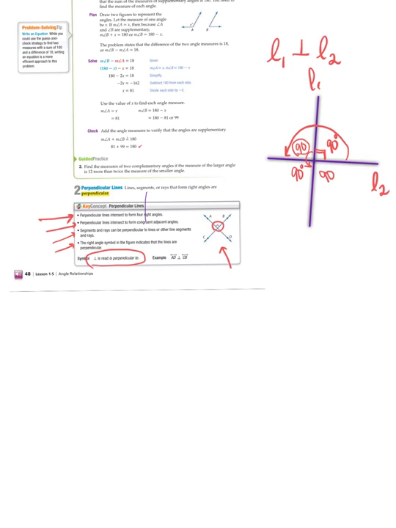So what I'm trying to get you to remember from algebra is the relationship of the slopes of perpendicular lines.